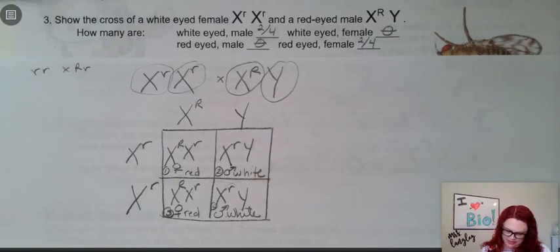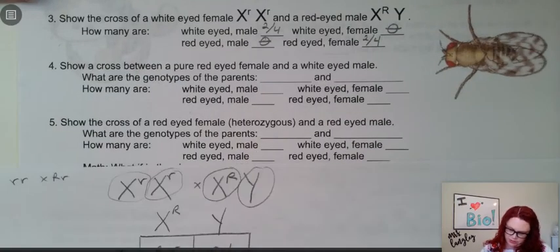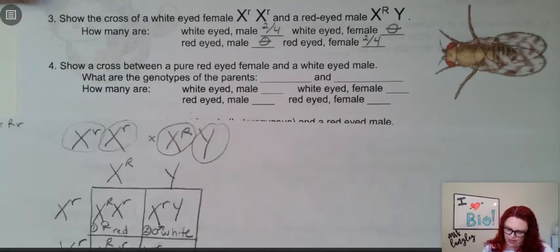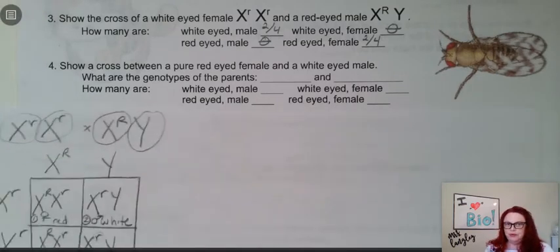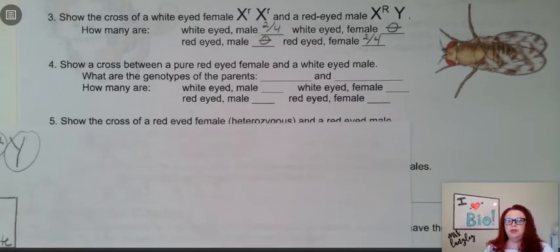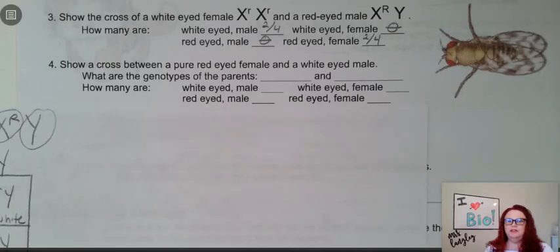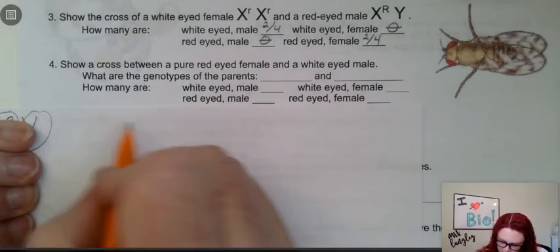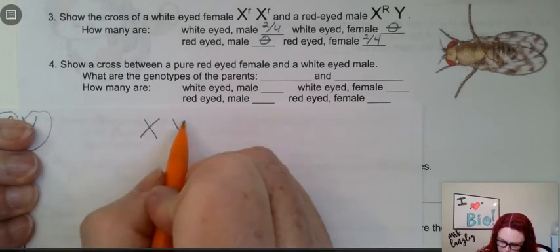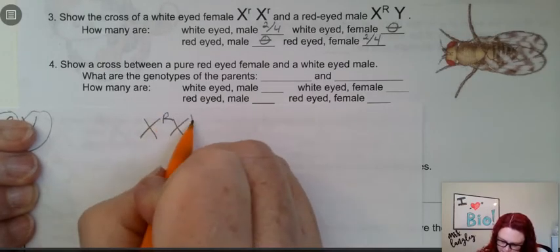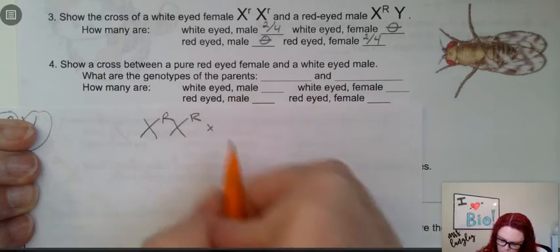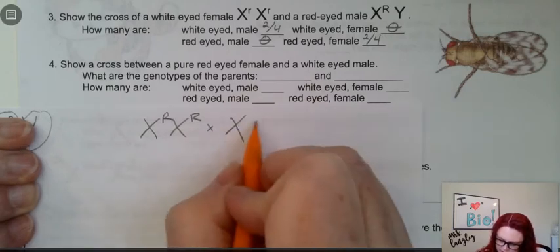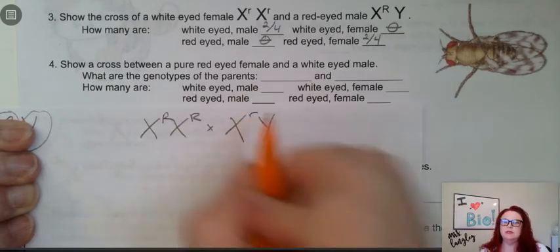Okay, let's look at the next one. Show a cross between a pure red female and a white-eyed male. So a pure red-eyed female, and pure red, that means they have to be the same, crossed with a white-eyed male. So there's male, and that tells me it's white.